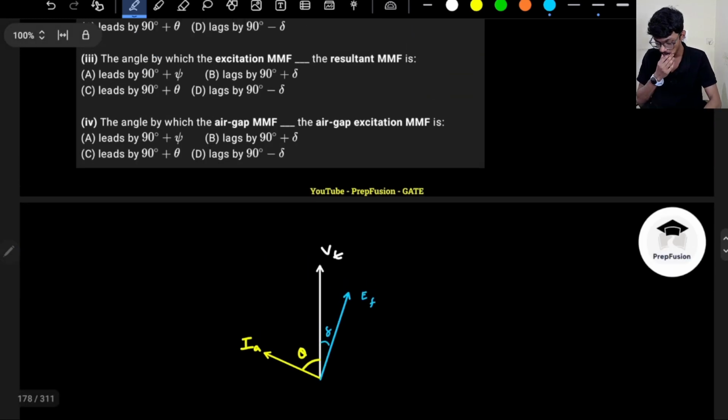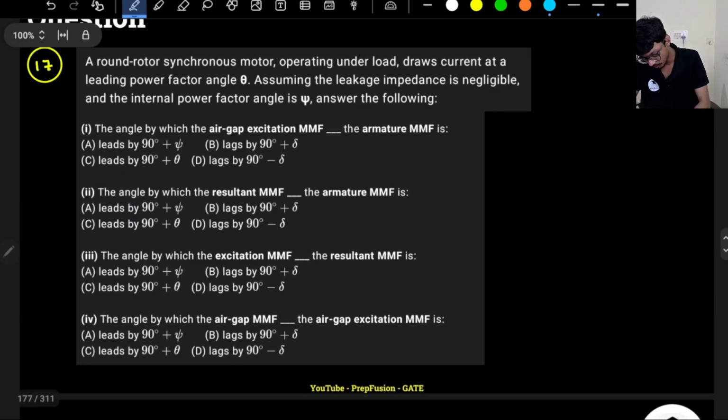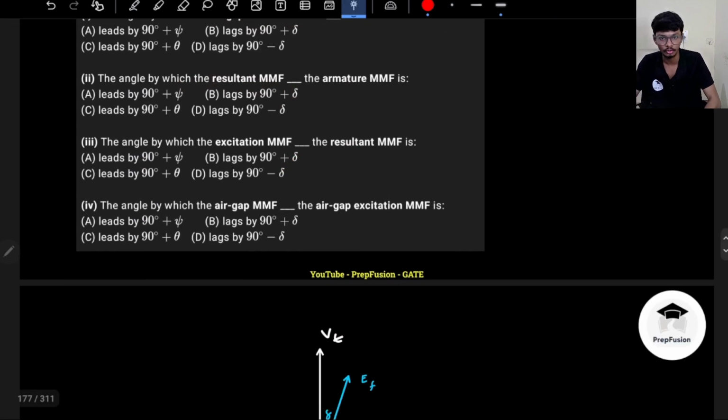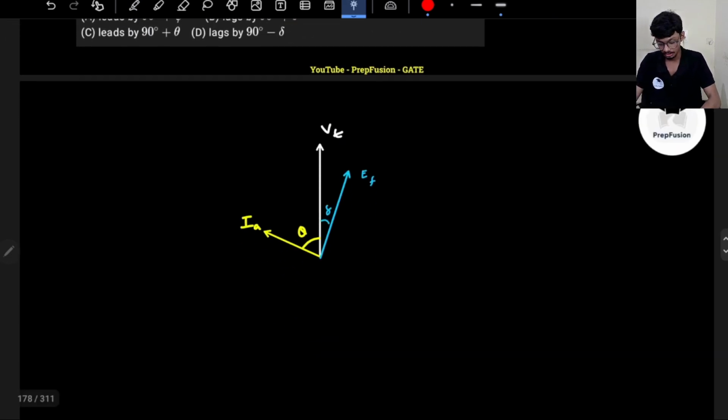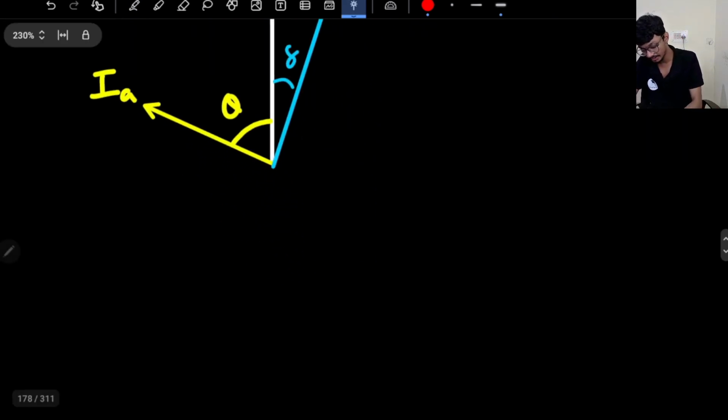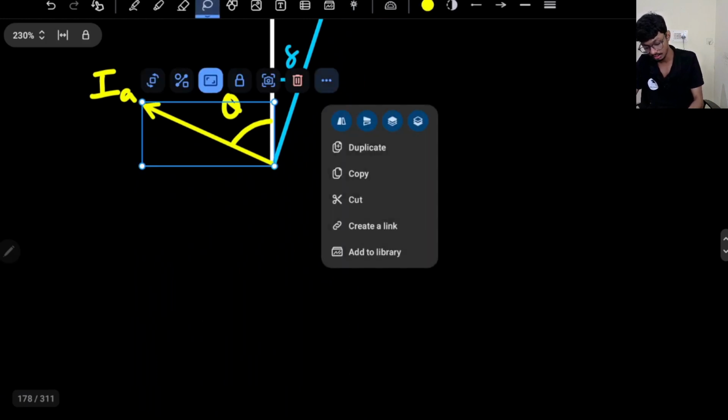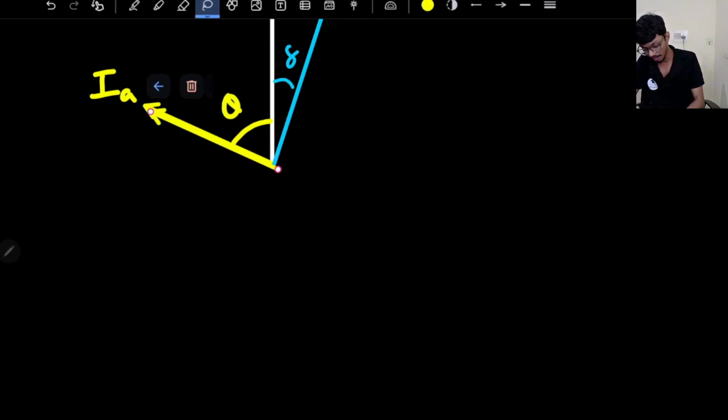Now they are discussing air gap MMF and armature MMF. So let me draw the air gap and armature MMF, right? The armature MMF will be just in the opposite direction to the armature current, just 180 degrees. So armature MMF will be in this direction.